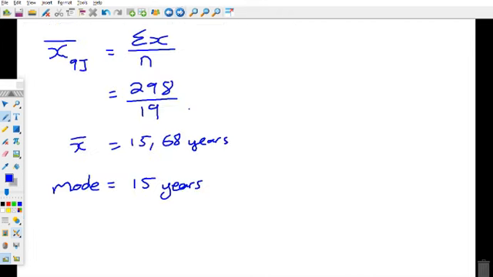So if we write our data points from lowest to highest, we had two 14s, and then 15, 15, 15, on and on, and then we had the 17 from Cincinnati, and then me.